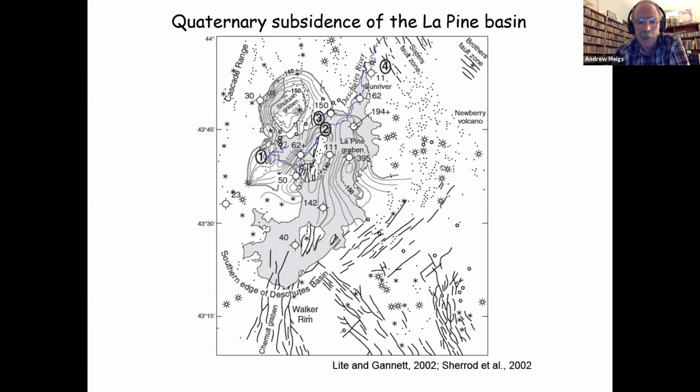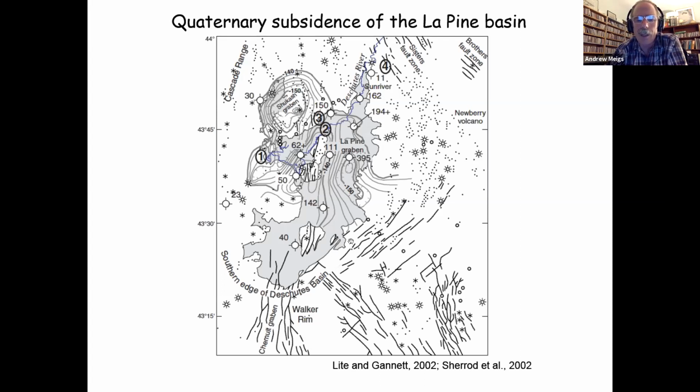Well, in the work of Ken Light and Marshall Gannett in this paper about water resources in the La Pine Basin and Deschutes Basin, they showed that there's almost 400 meters of Quaternary sediment. That section thickens towards the Walker Rim fault zone.